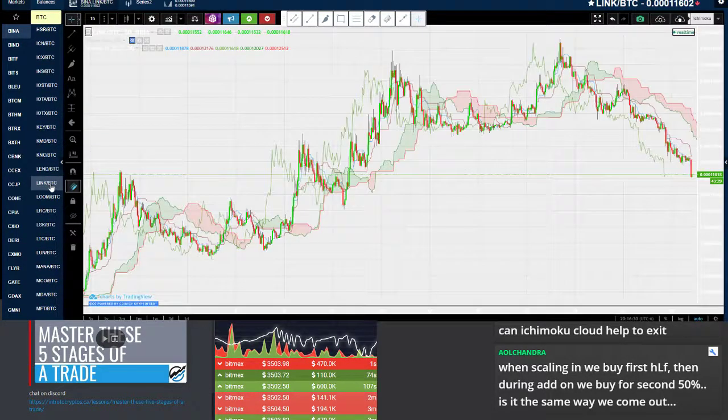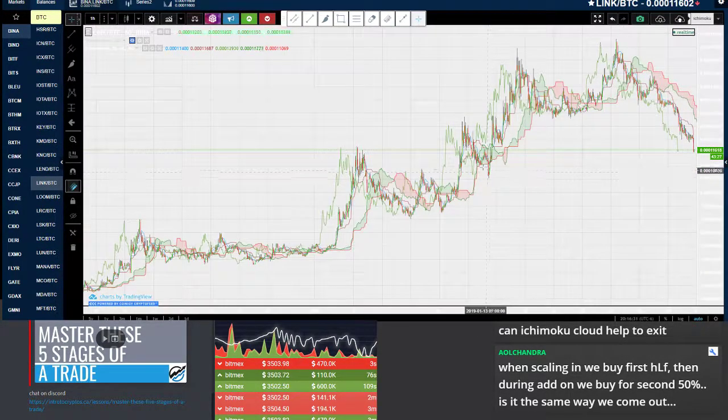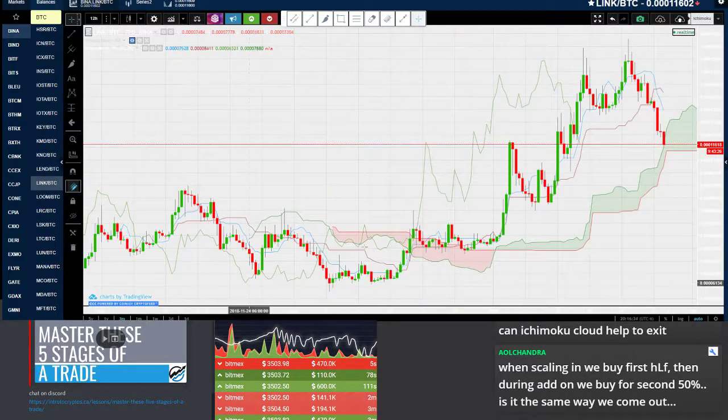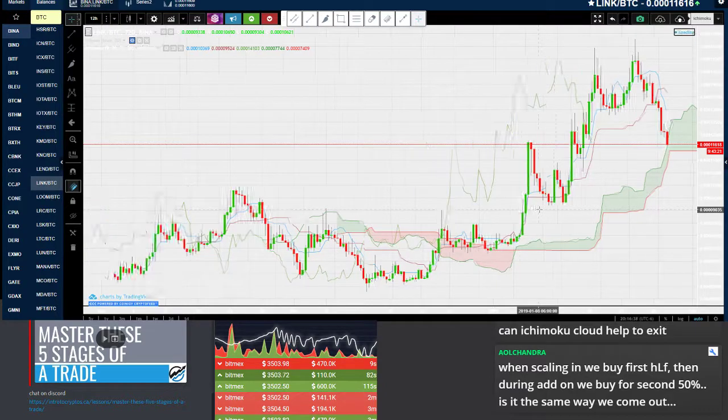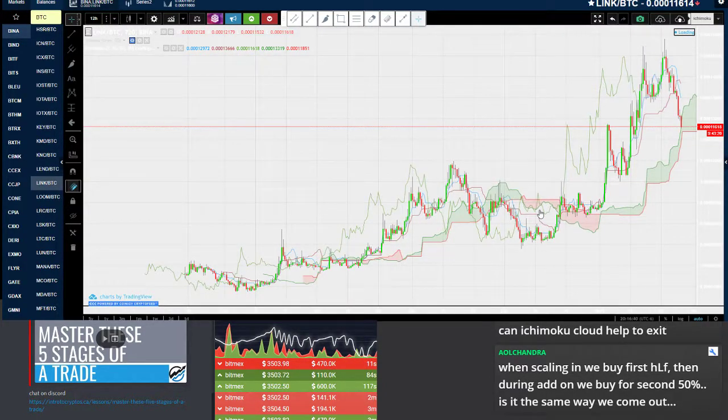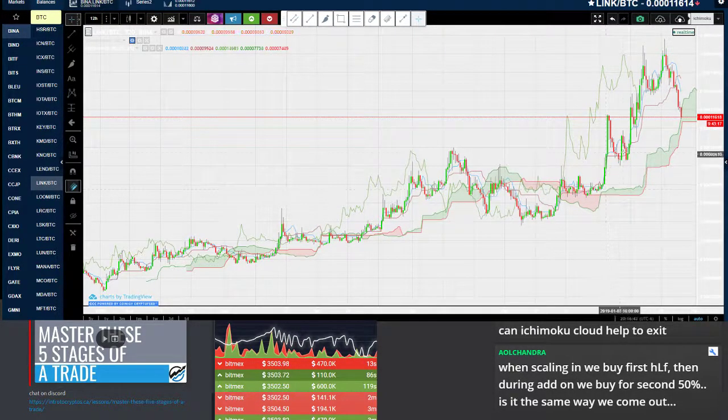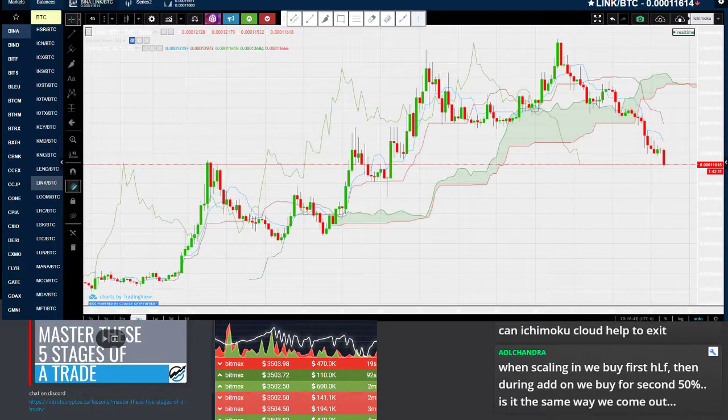Let's go back to LINK and the 3-month view. So LINK is just coming into the cloud right now using the 12-hour bars. So the 12-hour bars would keep us in there for a much longer time. But the 4-hour bars, you can see how it's already cut through the cloud, and this would be our exit signal. And you can see they match up pretty well.